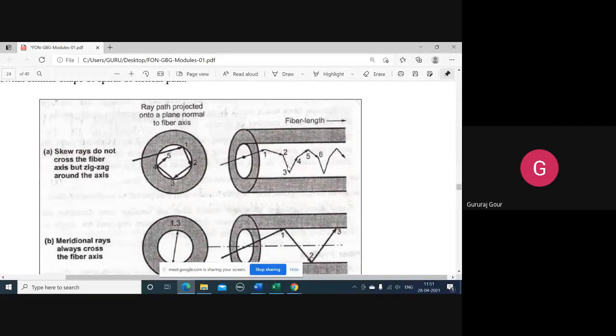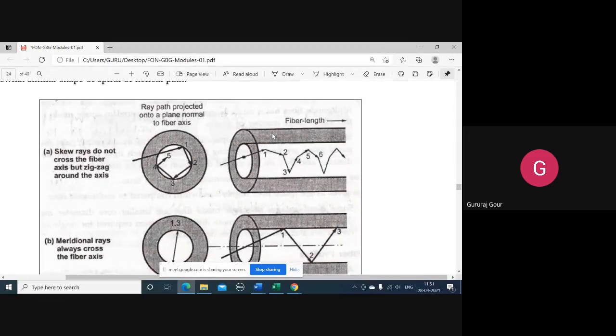Like if they ask you to explain the modes in a planar guide, in that case you need to explain about these types of rays also. So you are supposed to know something about these types of rays.